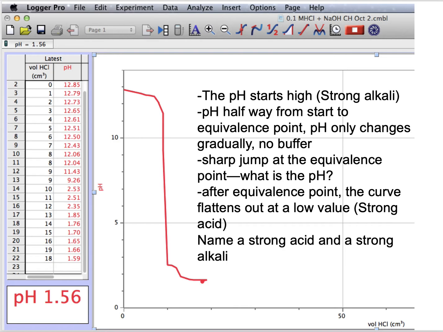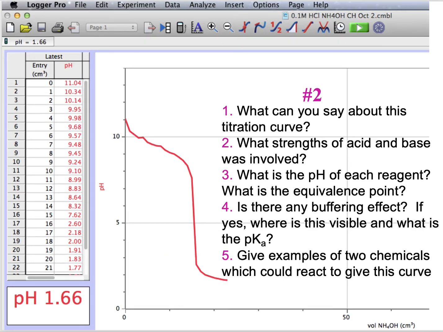So you've got a few of the answers here. Which ones did you ace? Did you get correct? Which ones do you need to work on? And so for this one, you've got a strong acid and a strong alkali, so you can name those ones.